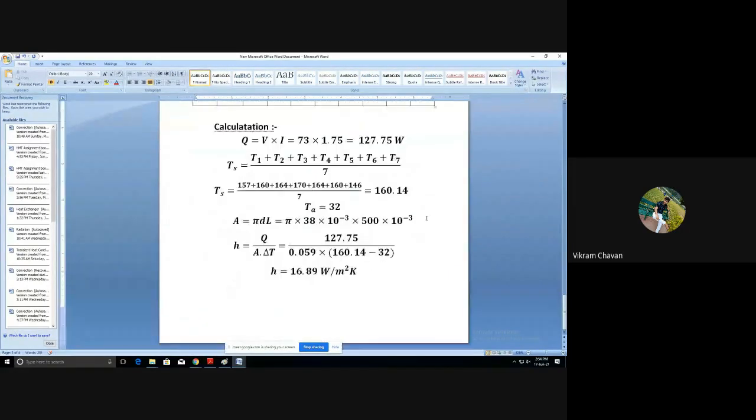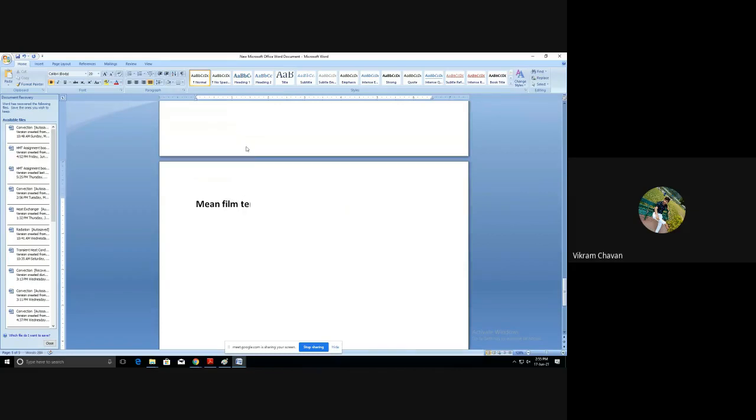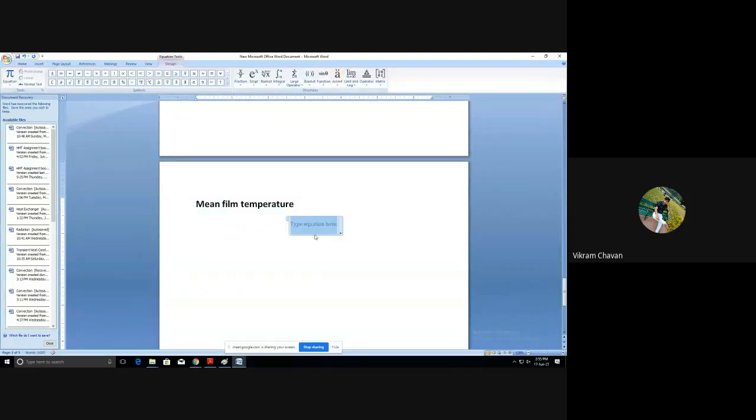First of all, we require the mean film temperature, T suffix fm, which is equal to the average of the surface temperature and surrounding temperature, divided by 2.